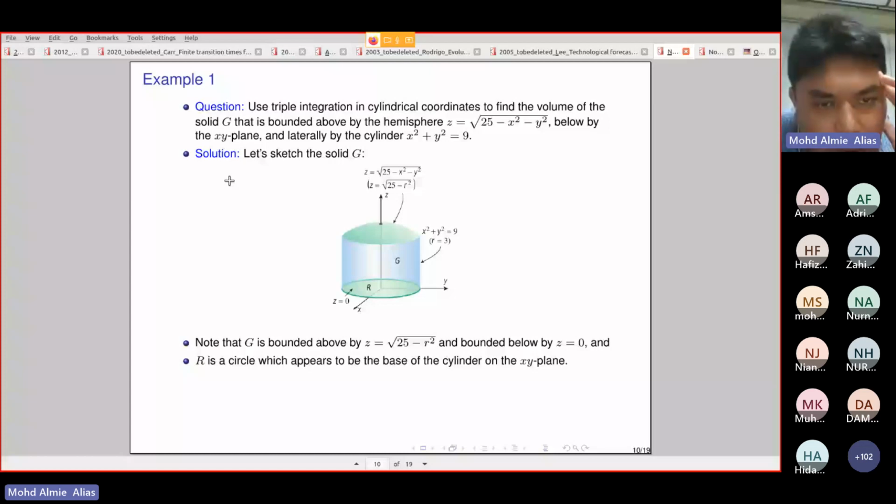Then you have the xy plane, which is z equals 0, as the lower boundary of G. And then you have the wall of the cylinder, which bounds the solid. It is very clear, and you've seen this before.